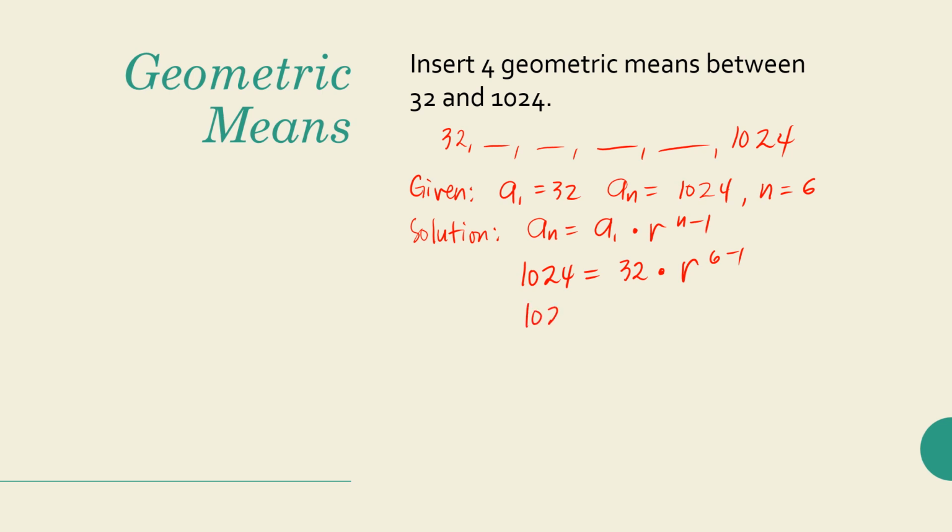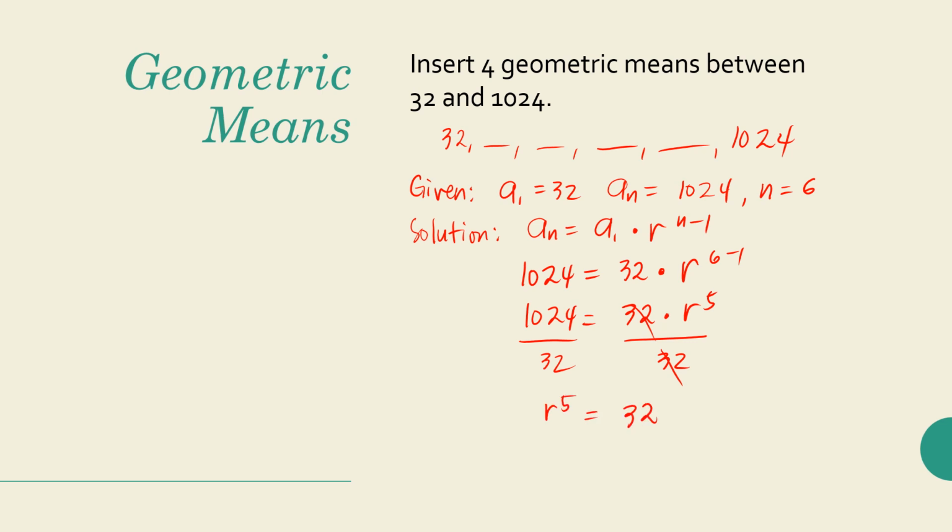Therefore, 1024 is equal to 32 times r raised to 5. Then divide both sides by 32 to leave r raised to 5. 1024 divided by 32 is 32. So r raised to 5 is equal to 32.